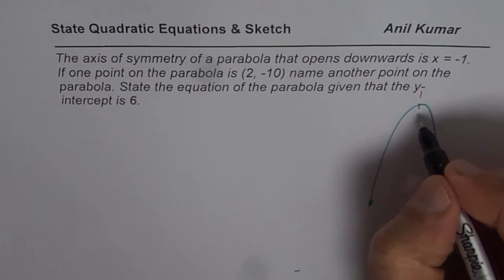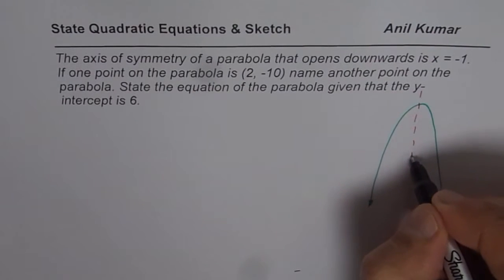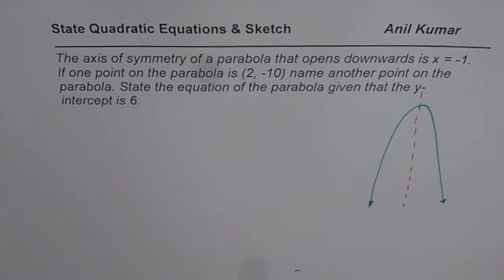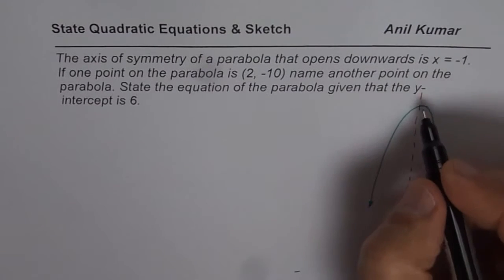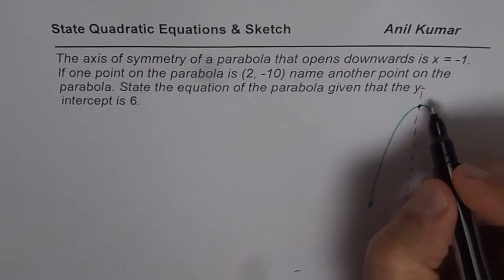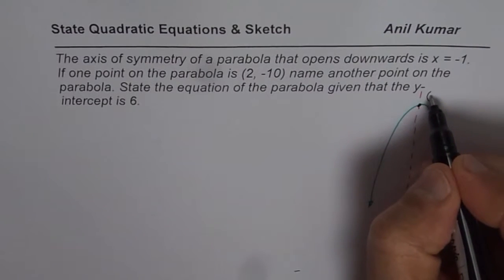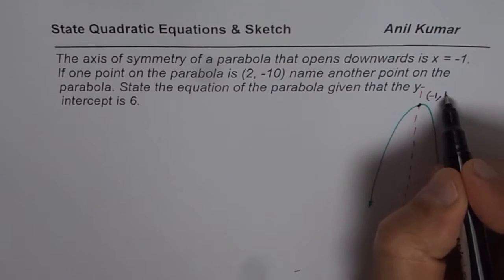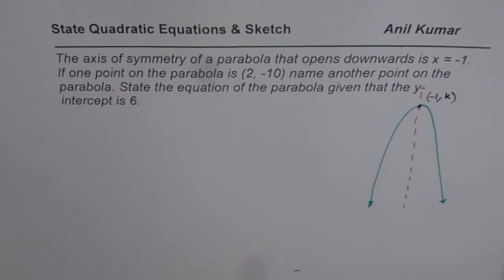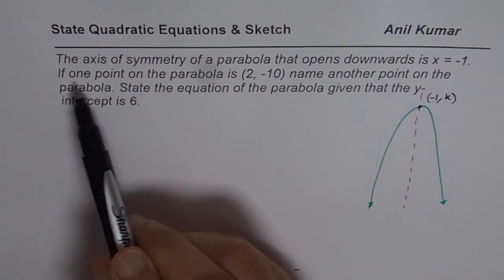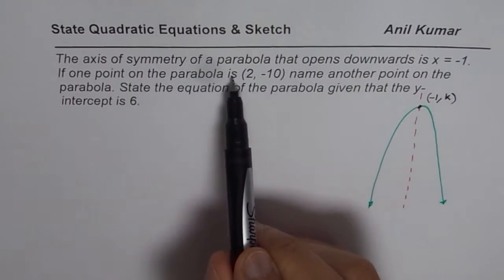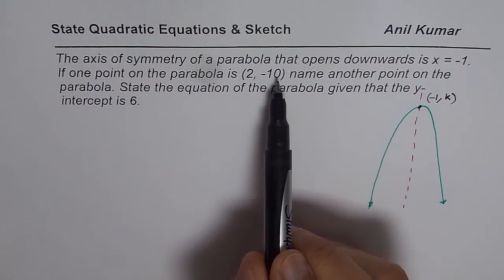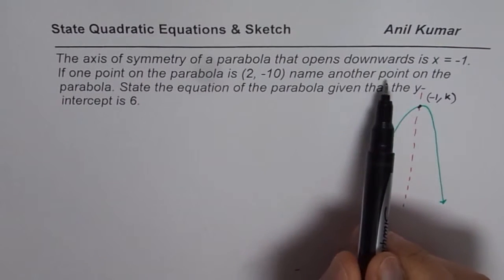Let us say this is the axis of symmetry for the parabola. Then we know the x value is minus 1 at the vertex, and we don't know the y value. Let us call that k. So that's the vertex.